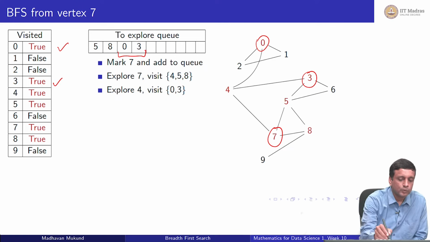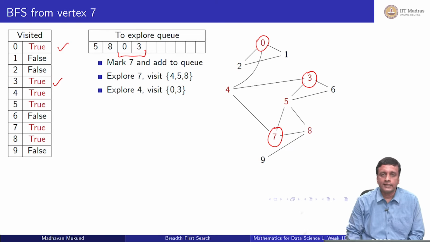I add them to the queue in some order; in this case I put 0 before 3 just because it is a smaller number. Now I have finished with 4. So 4 has left the queue, but from the previous round 5 and 8 are still pending. 7 added 4, 5 and 8; I finished 4, and 5 and 8 are still pending. So 0 and 3 will have to wait their turn.